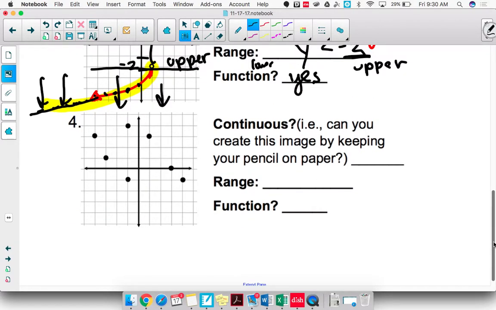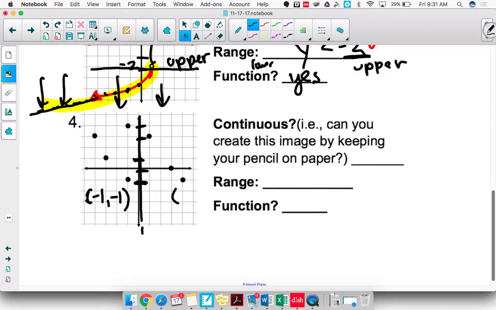This will be very similar to yesterday. The only difference is now we're looking at, again, the y-axis. So every time I see a point on the graph, I'm going to put a mark on the y-axis. And what we're going to do is list our ordered pairs. So starting at the lower side, we have -1, -1.